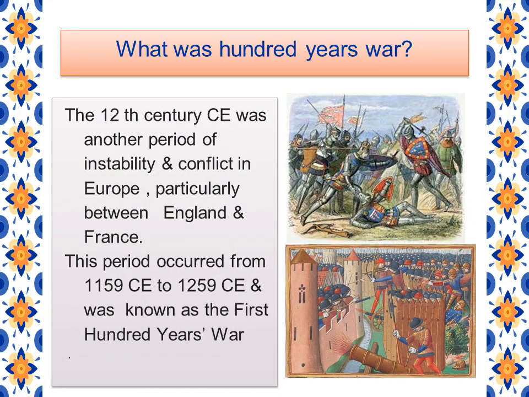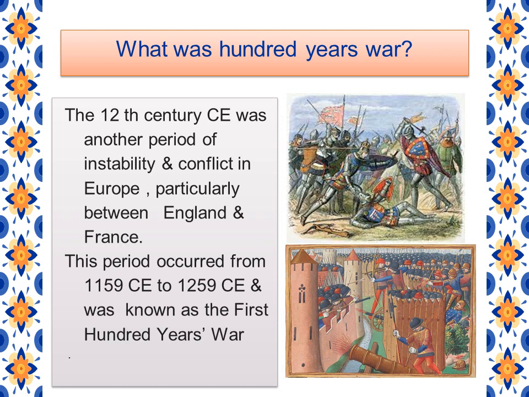Now what exactly was this 100 years of war? It's a pretty long period of time, children. We have never come across such a thing earlier, but there was a 100 years of war which was actually fought in the 12th century, and this century was marked with instability and conflict in Europe, especially with regards to England and France.